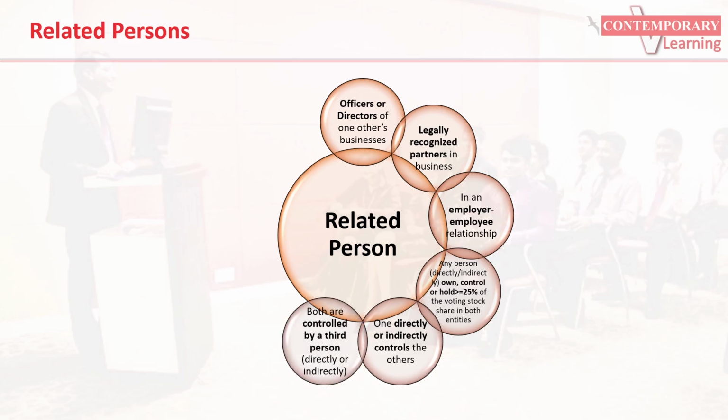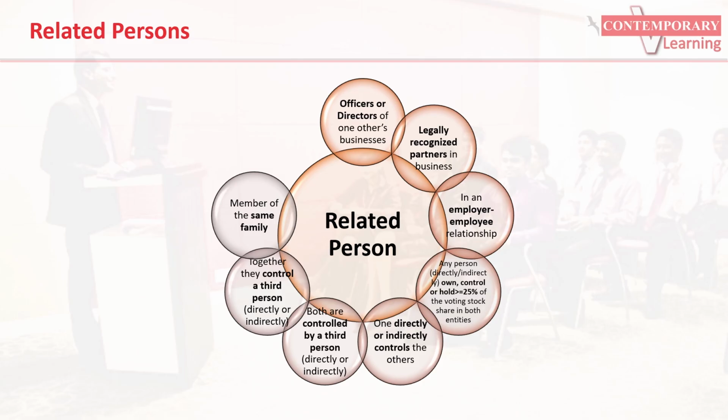Sixth, when both persons are controlled by a third person, directly or indirectly. Seventh, when together they control a third person. Eighth, members of the same family are related persons. And finally, when one of them is a sole agent, sole distributor, or sole concessionaire of the other. Understanding these relationships is crucial because it determines which valuation rules apply.